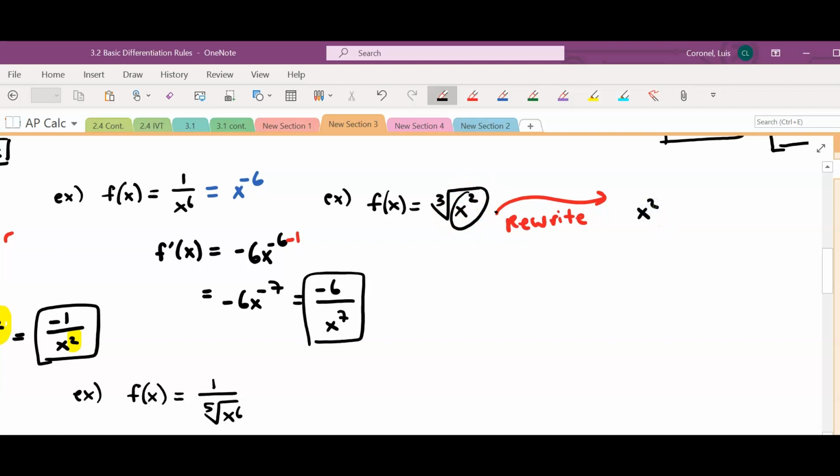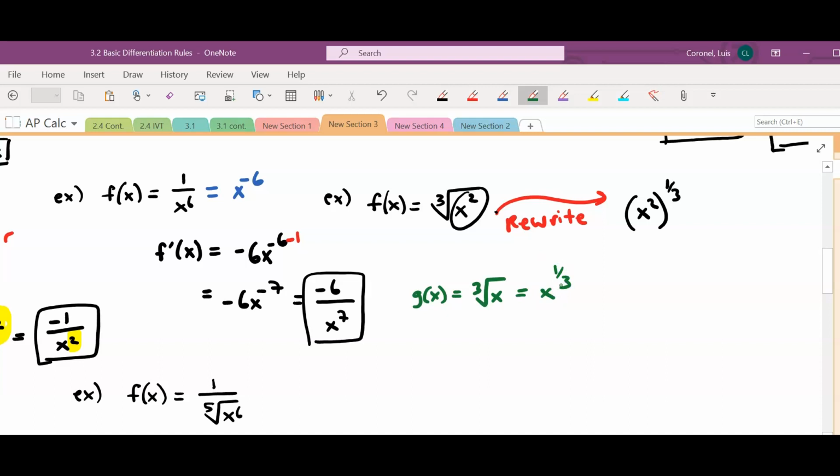But the cube root, you could rewrite the cube root as a fraction, as a 1/3. So something you need to know is, if you had a function, some function g, for example, and you had the cube root of x, that's the same thing as saying x to the 1/3.